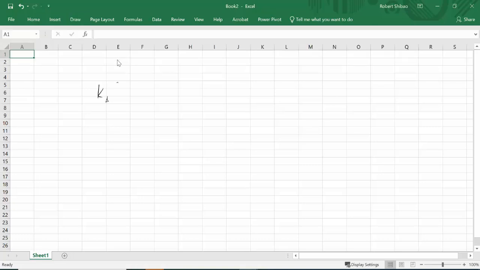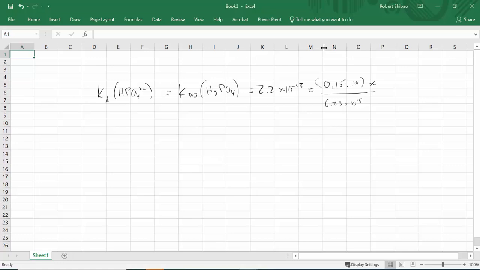Well, anyway, this is Ka for monohydrogen phosphate, which is equal to Ka3 for phosphoric acid, which is equal to 2.2 times 10 to the minus 13, which is really small. And so the hydronium ion concentration we had from before, 0.15 dot dot dot, plus x, times x, divided by 6.23 times 10 to the minus 8 minus x.